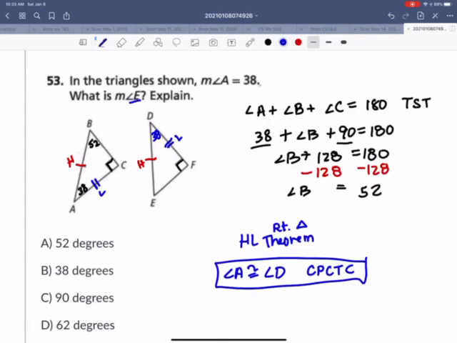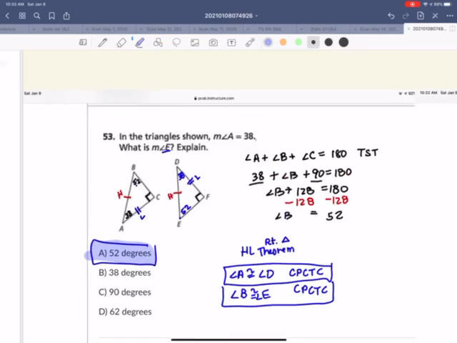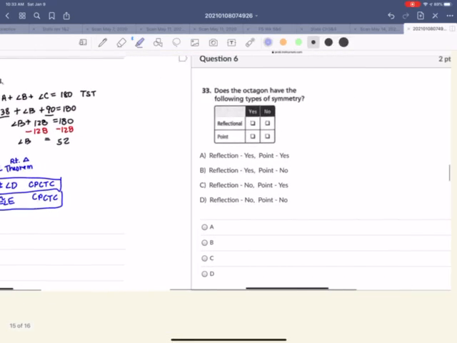Now they didn't ask for D, they asked for E, but that must mean that B, we also know B corresponds with E because of CPCTC. That is also a corresponding part. So E is 52, there's my answer. Nice work.